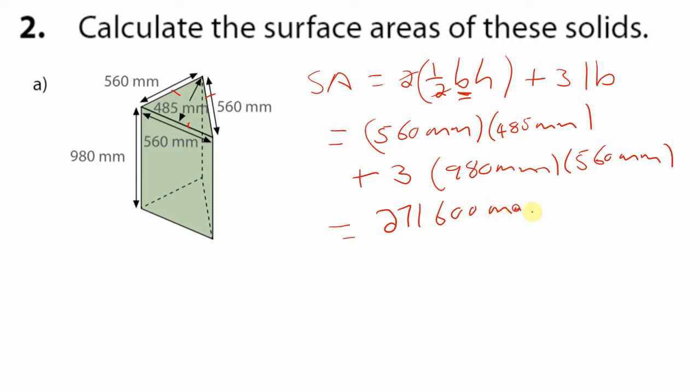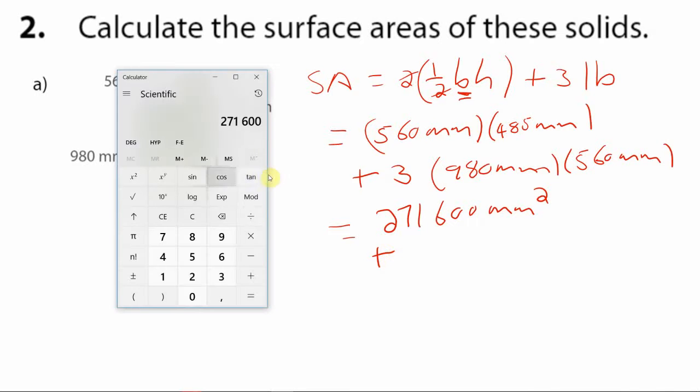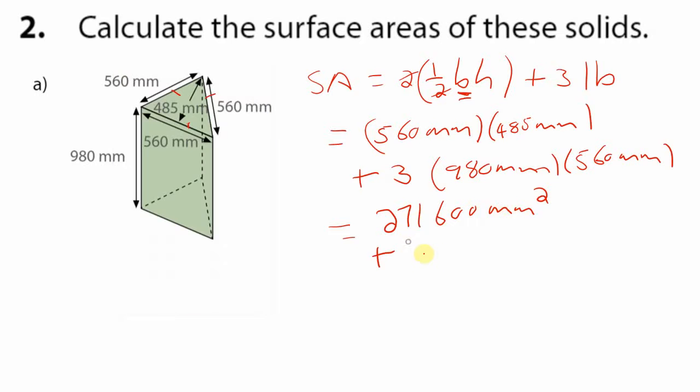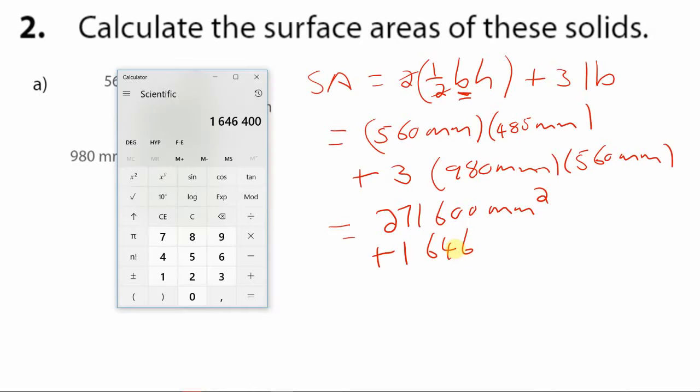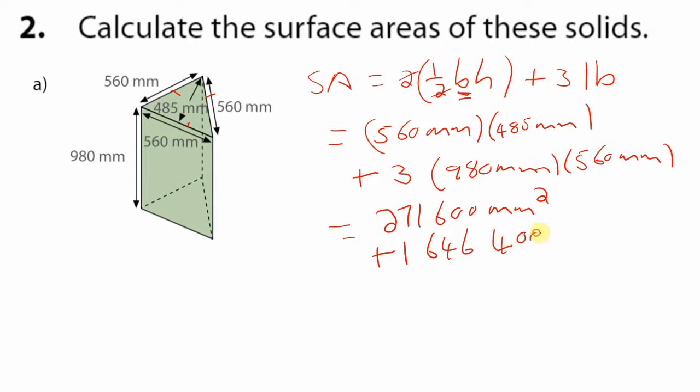Millimeter times millimeter is millimeter squared, plus 3 times 980 times 560, which gives us 1,646,400 square millimeter.